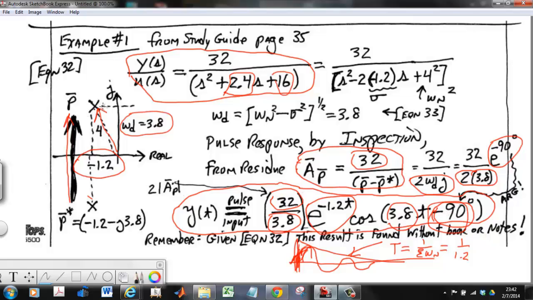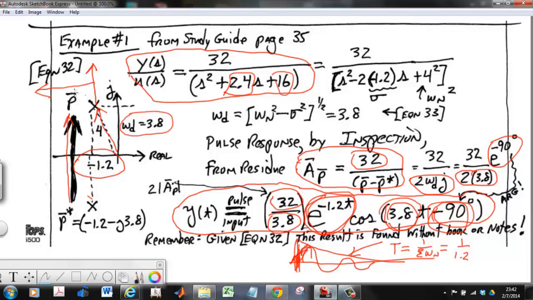So we can see that if this pole moves up like so, then the frequency will increase. If the pole moves out like so, to the left, then the real part will increase negatively and the envelope will decay faster.